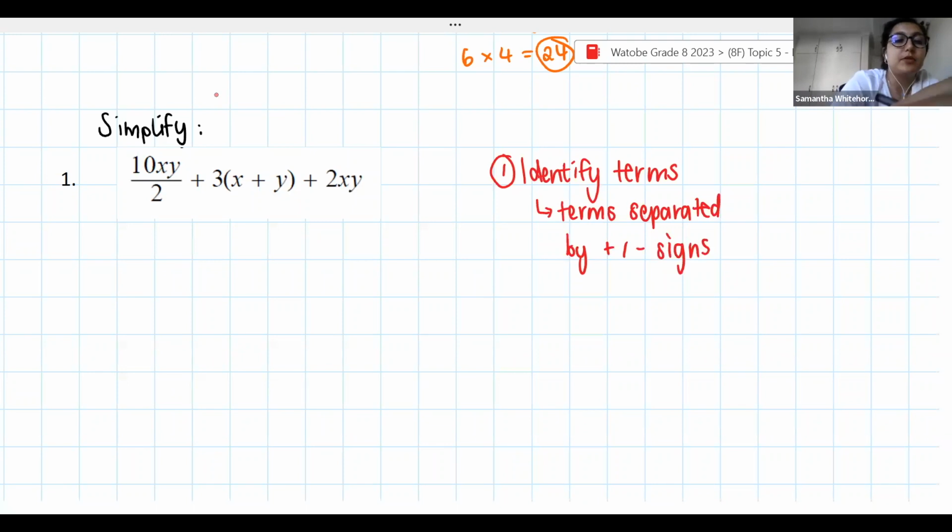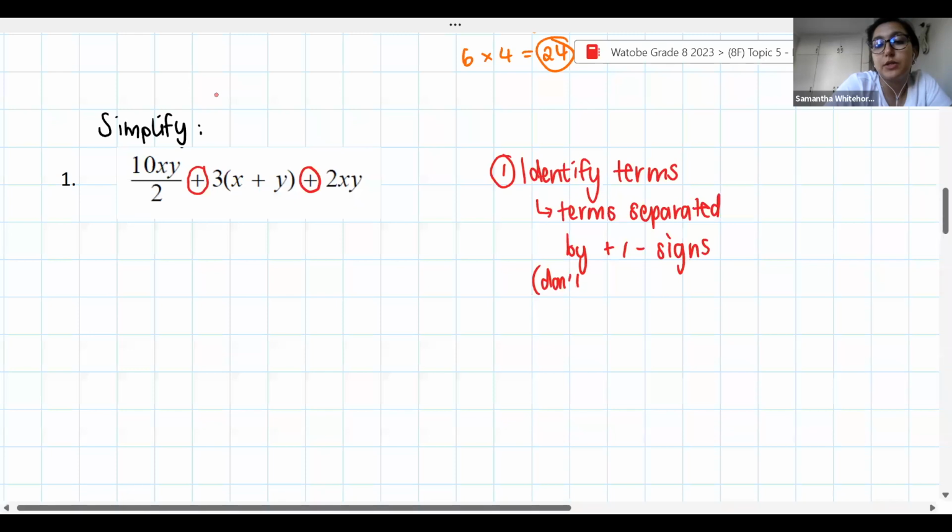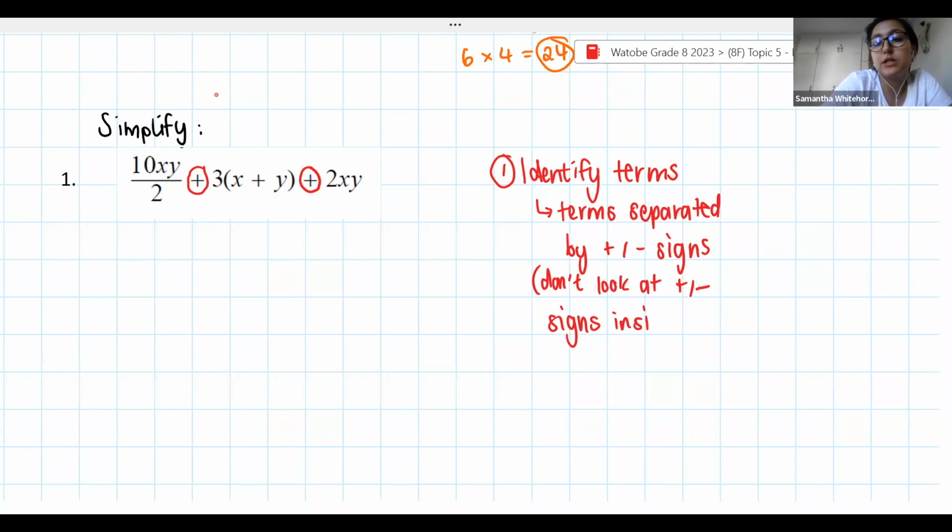And so if we go up to our expression, we see we've got a plus sign and another plus sign. Yes, I've got a plus sign in the bracket, but remember, we don't care about the ones in the bracket. Don't look at the plus or minus signs inside brackets. Those are not signs that we need to worry about.